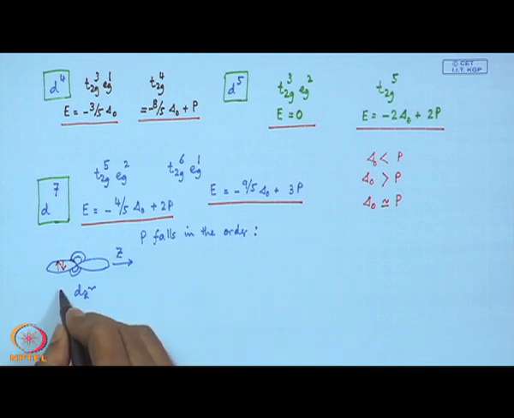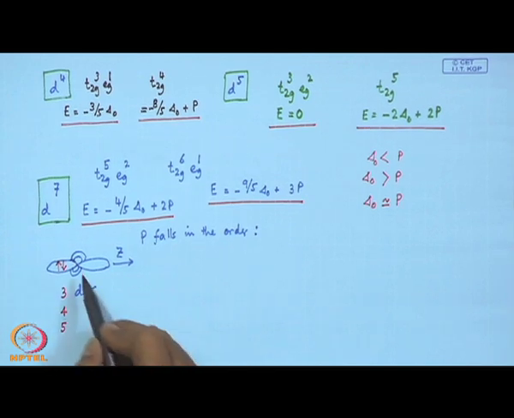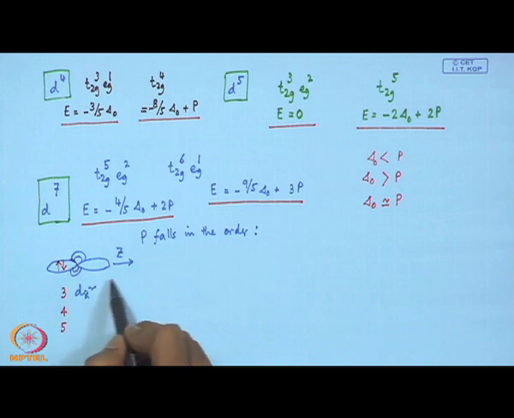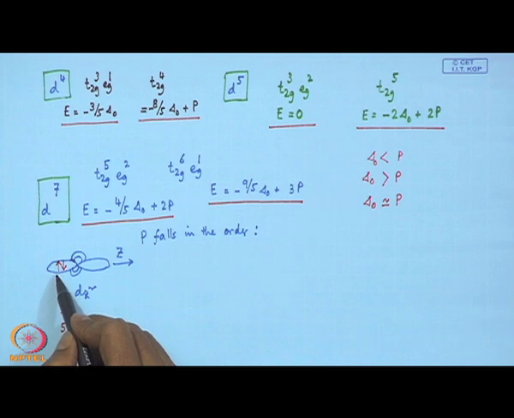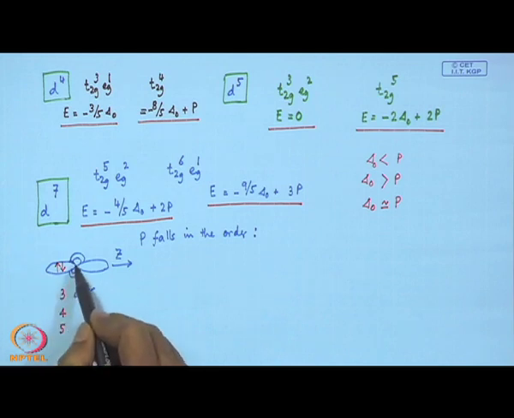So, compared to 3dz square, 4dz square and 5dz square, when the principal quantum number changes from 3 to 4, 4 to 5, the size of these d levels increases. That means the maximum amount of repulsion can be observed when 2 electrons are present in the 3dz square level only, where the size is smaller compared to 4dz square.